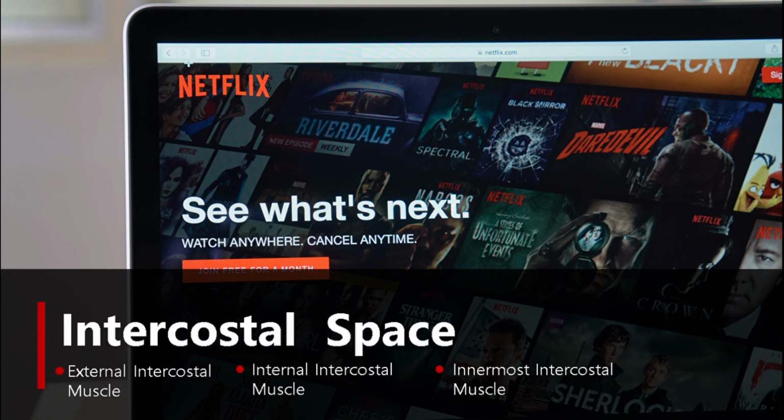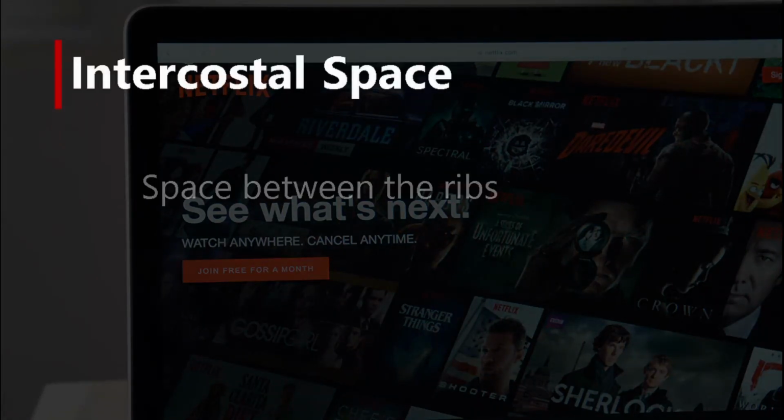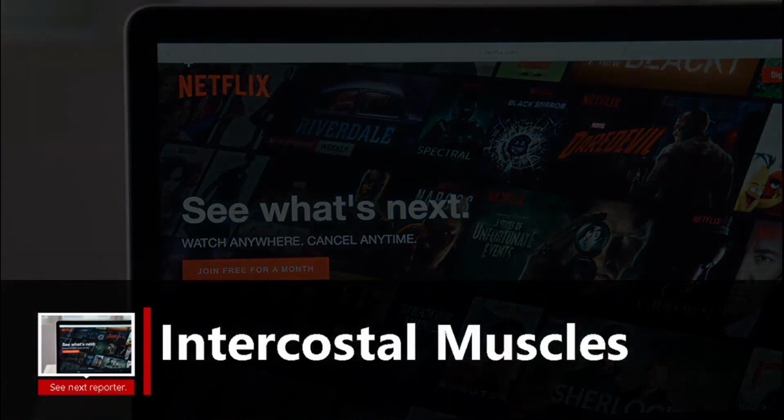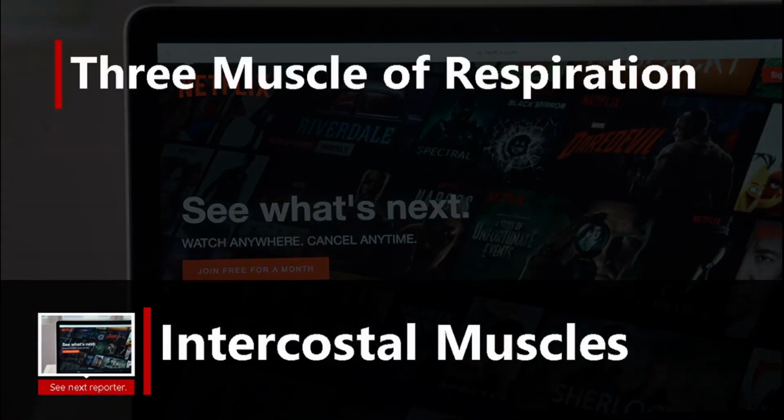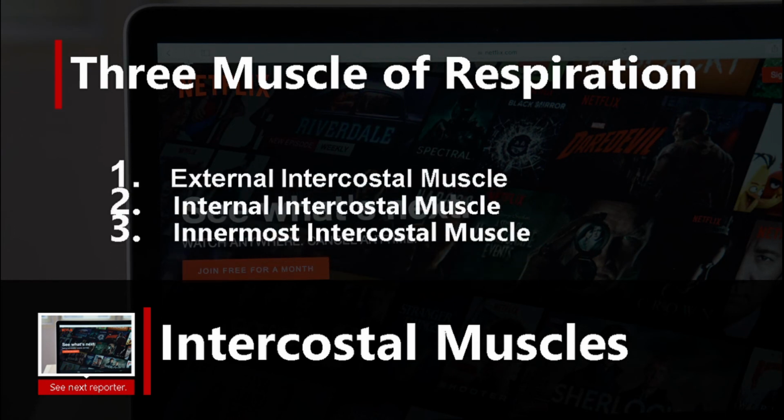So, next will be the intercostal space. Intercostal spaces are the spaces between the ribs. It contains three muscles of respiration. First is the external intercostal muscle, which is located in between each rib starting at the first rib and extending down to the 11th rib.